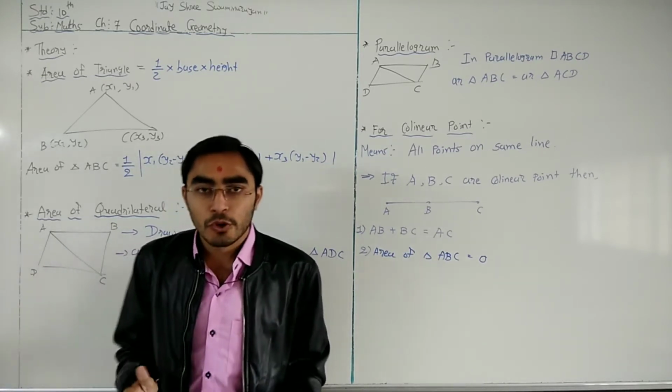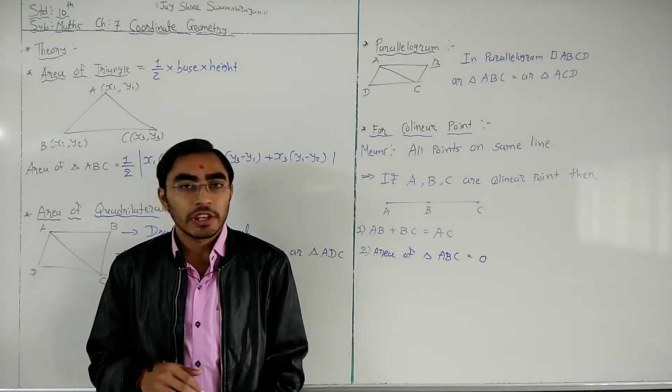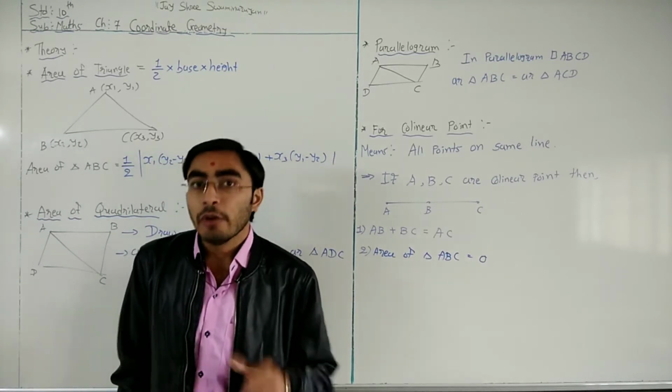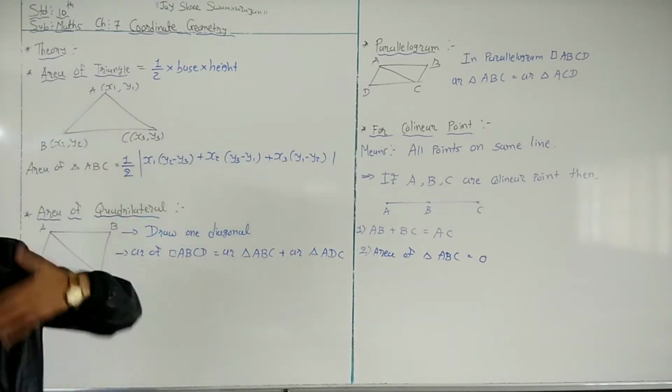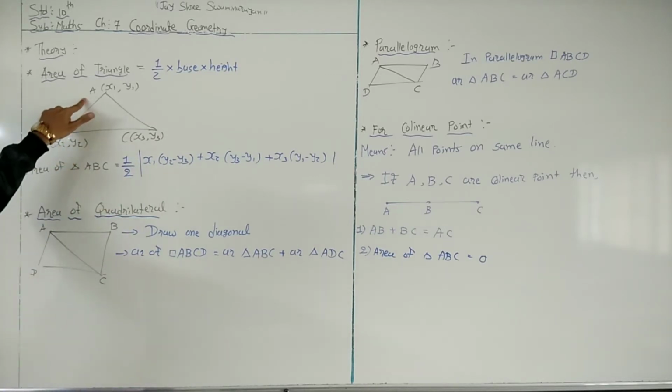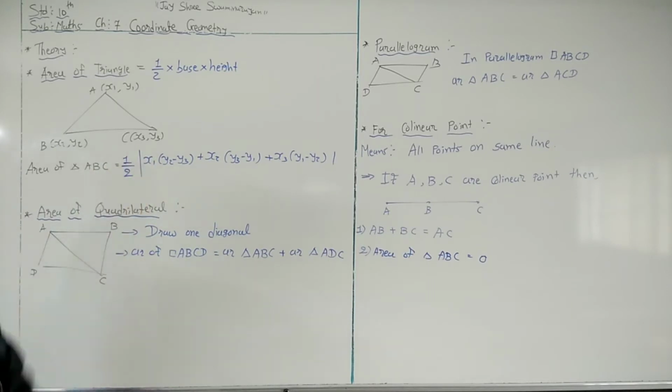Now in coordinate geometry, if the coordinates of the vertices of a triangle are given to you, then we have one different formula. In triangle ABC, coordinates are given: A (x1, y1), B (x2, y2), C (x3, y3).